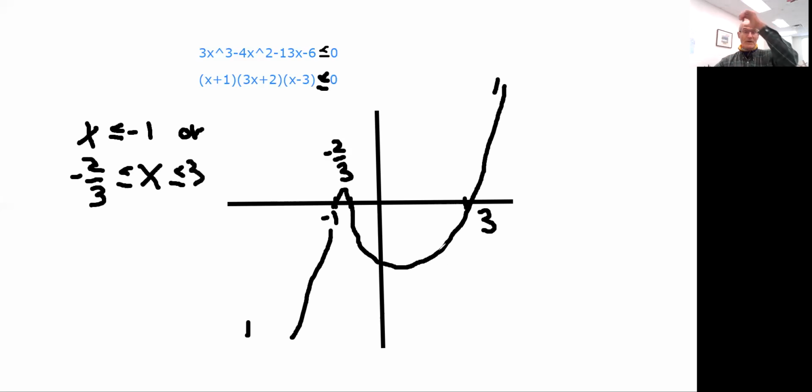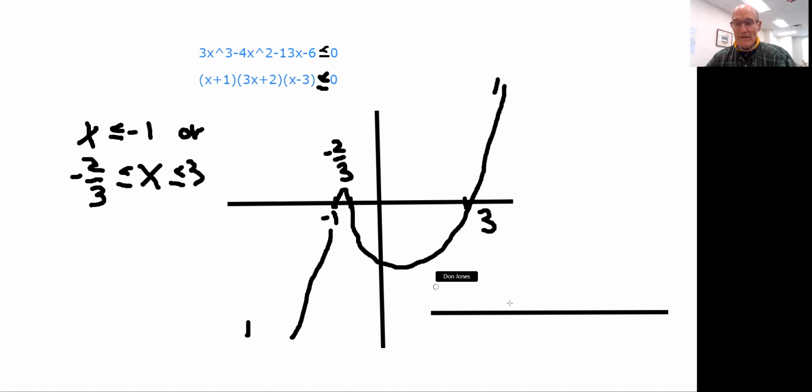Okay, now if you wanted to, that's what I call a graphical approach to the problem. So if I come up here and look at an algebraic approach, if we draw a number line down across here, and you notice my number line, I make a tick mark on it for every one of my intercepts. So I got an intercept here at -1.